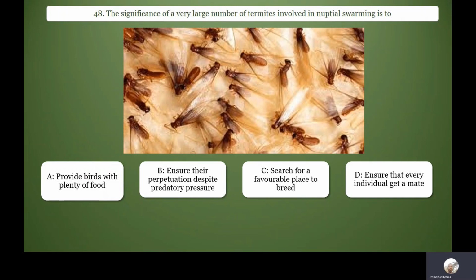But when they land to mate, they can be attacked by different kinds of predators. So they have to move in large numbers, so that at the end of the day, some of them will survive. So they have to survive the predatory pressure. So 48 is B.